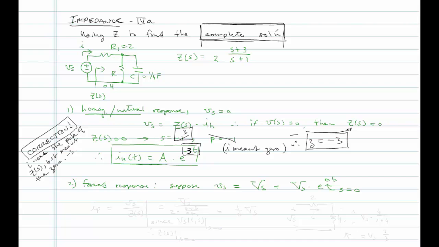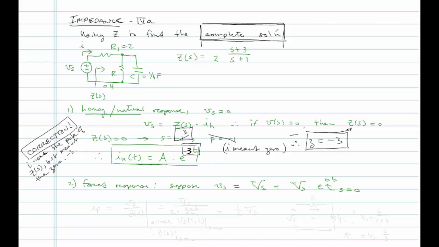The homogeneous response will have s's that result from the internal characteristics of this network, in other words, the resistances and the capacitance, essentially the time constants involved here. The forced response will have an s that is determined exclusively from the forcing. So in this case we're forcing it with an e to the 0t, so let's find the response that will occur when we have an e to the 0t excitation.